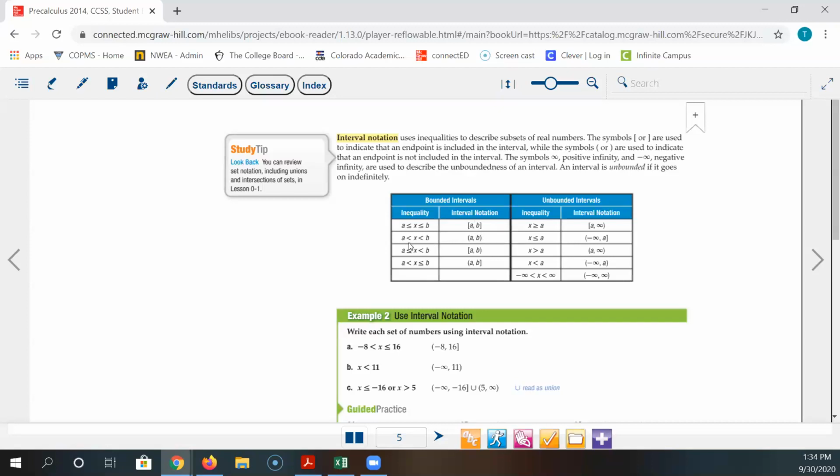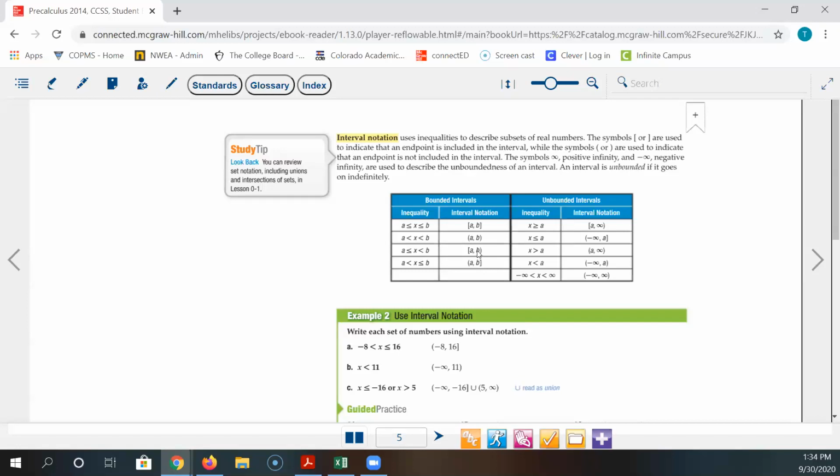You can see that when it's just greater than or less than, we are just working with parentheses. That says that the endpoint is not included within that set or within that interval. You can have inequalities where A is less than or equal to X, but X is less than B. So in interval notation, that would be a bracket next to A, comma, B, parenthesis.